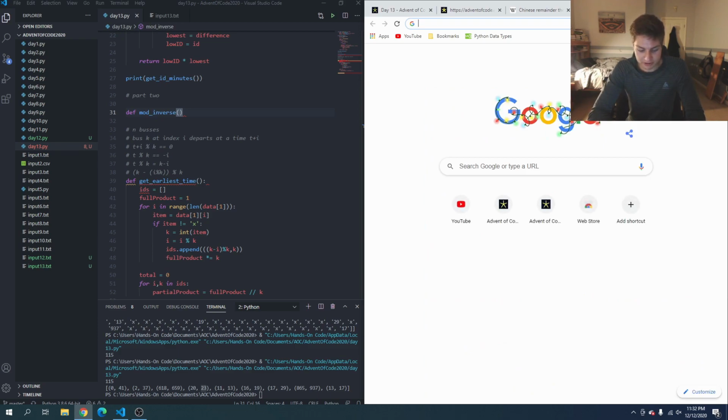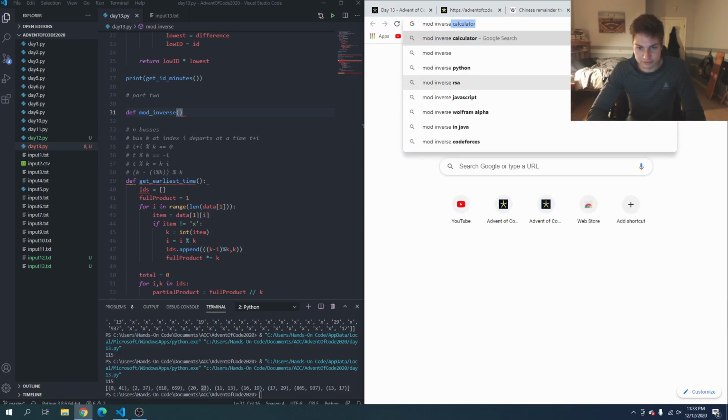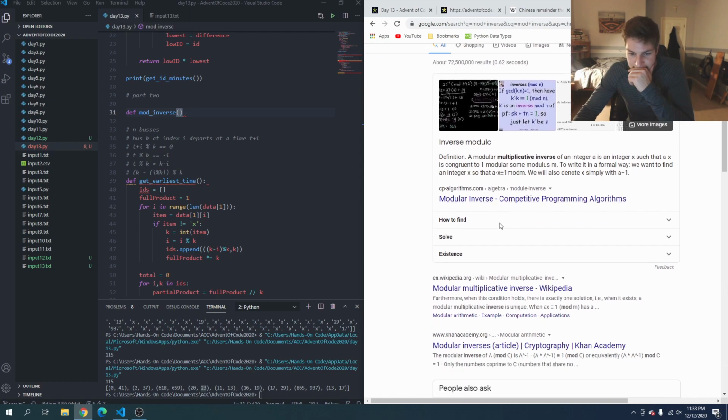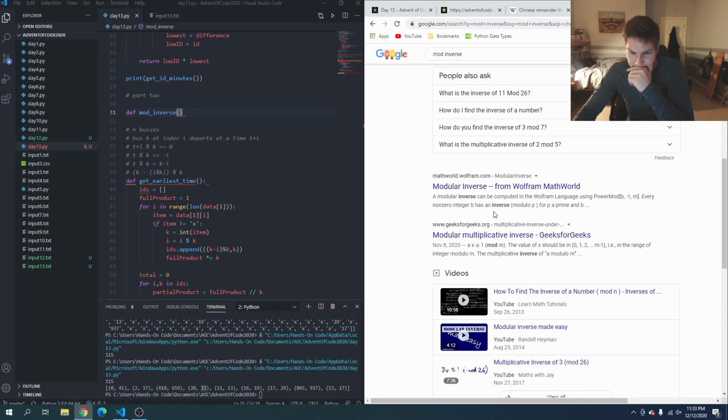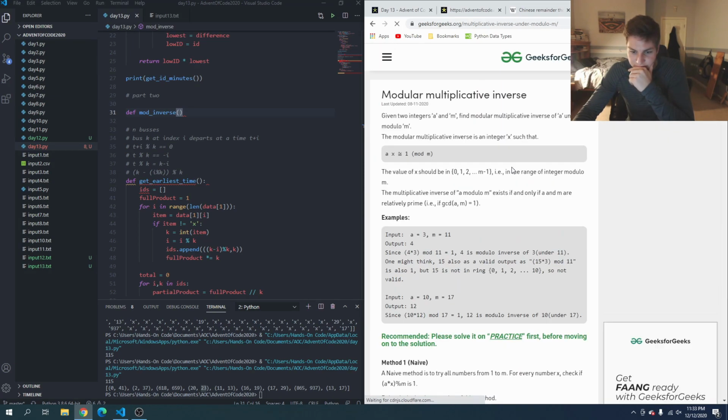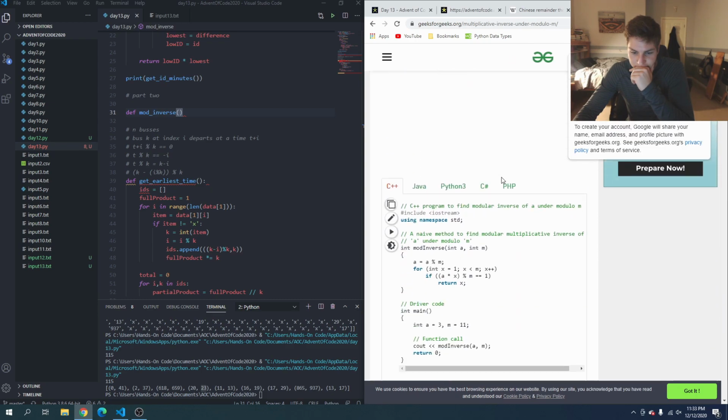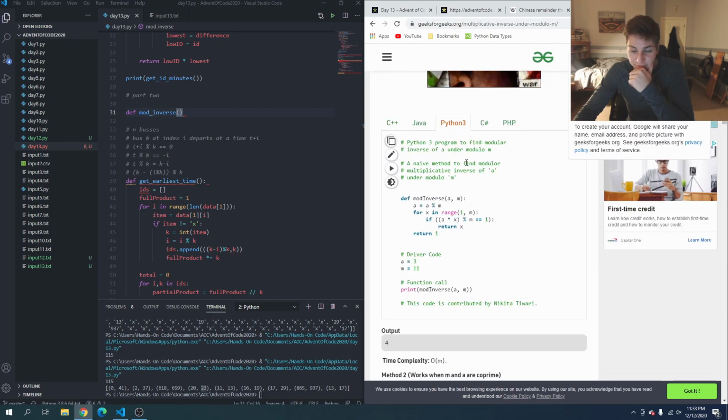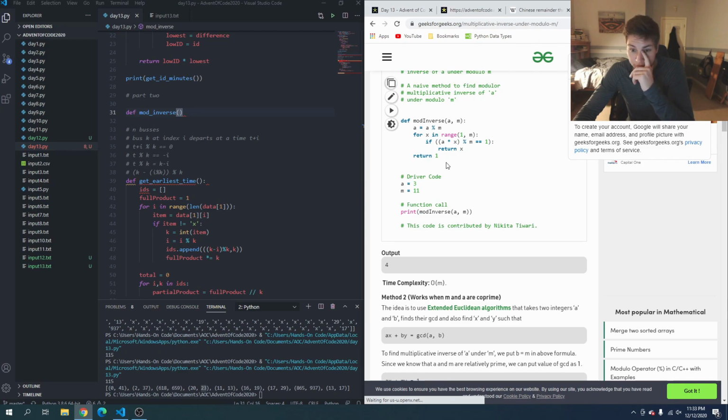Let's see, mod inverse. Let's try this one. Maybe it'll give it to us in Python. Okay, well I can explain this.